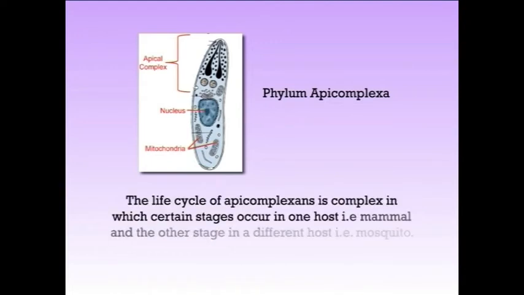The life cycle of apicomplexans is complex, in which certain stages occur in one host, that is a mammal, and the other stage in a different host, that is a mosquito. Their life cycle has both asexual and sexual phases.